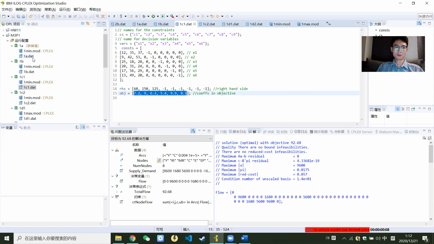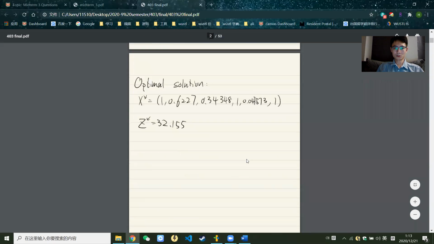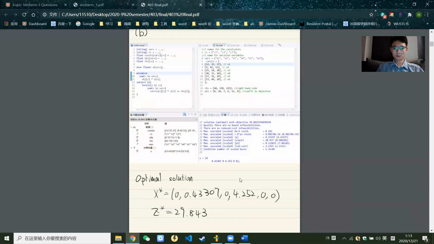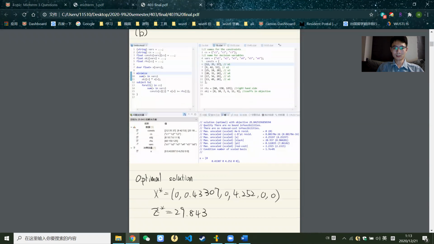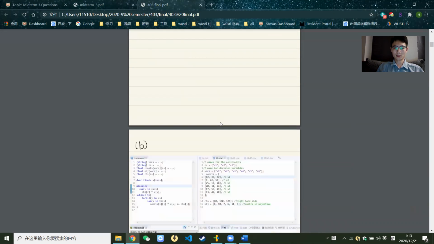The solutions of the first and the second problem are here. So this is the optimal solution and the optimal solution. Basically, in problem B, the optimal solution is smaller than the first one.